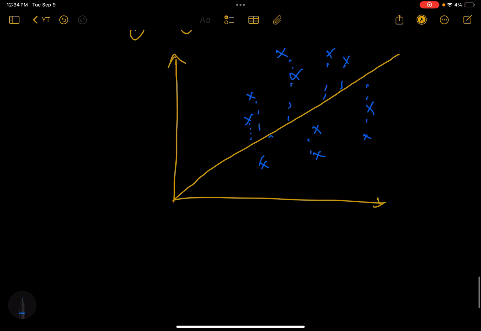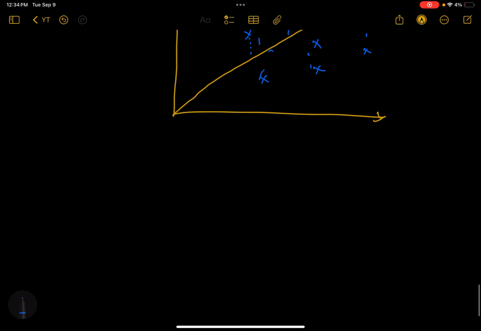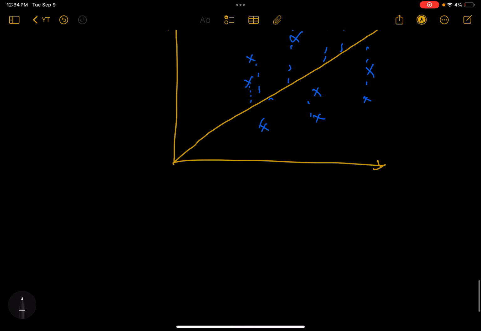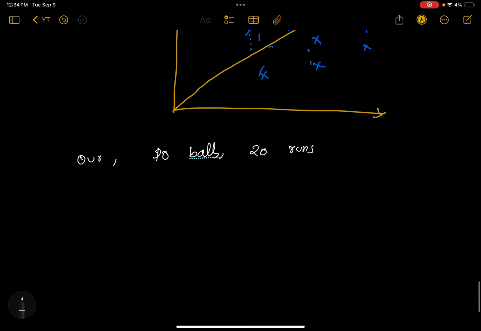So in our very first example, our line told us that for 10 balls, Kohli has scored 20 runs.